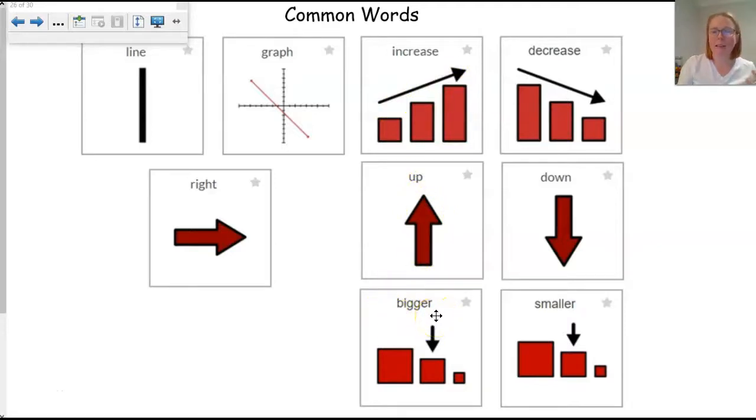In math, they all mean similar things. Now here are 3 more words that mean about the same thing in math. Decrease. It means our numbers are going down and our numbers are getting smaller.